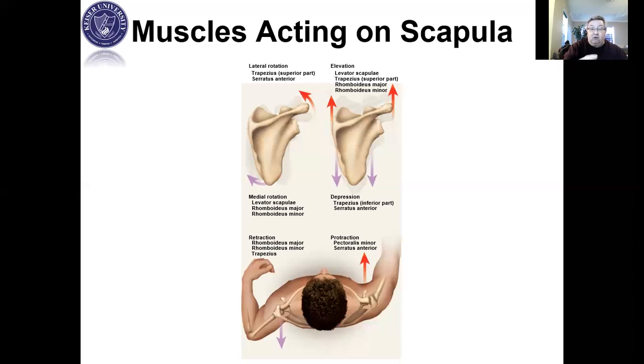Retraction is that gray arrow going backwards. The rhomboids perform it, and the middle trapezius, which bring the shoulder backwards. So these are the actions and the muscles that perform these actions on the scapula.